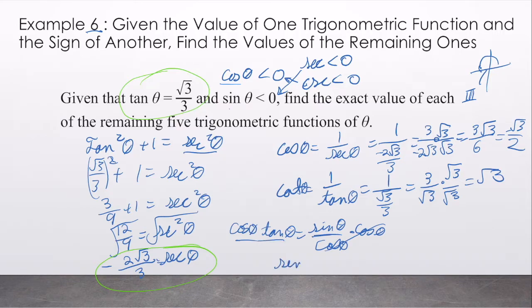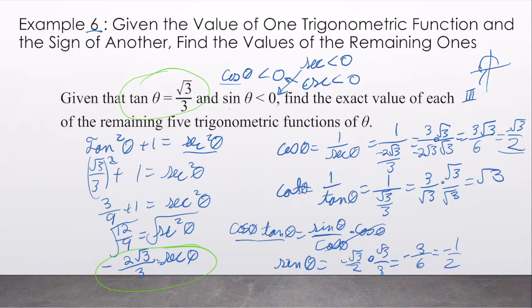So I can find sine of theta if I take my cosine, which was negative square root of 3 over 2, times my tangent, which is the square root of 3 over 3. So I get negative 3 over 6, which is negative 1/2, which is what we got before.